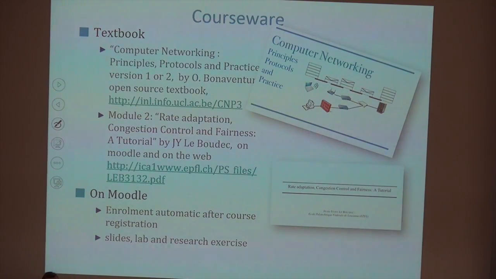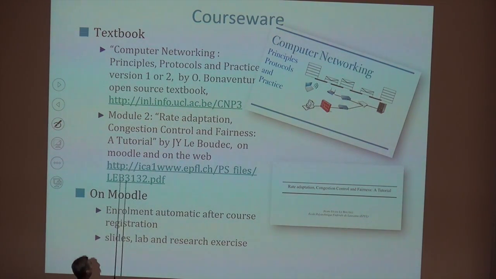We will loosely follow the following textbook by Olivier Bonaventure, and other people have contributed to it. That's an open textbook. It contains many, many details, but it follows more or less the same philosophy that I'm following in this course. It's the only book that does that. So you can find it, it's free.